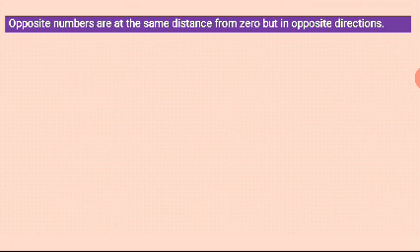So the first girl goes to positive 4 and the second girl goes to negative 4. Their distances from 0 must be the same, or equal. So positive 4 and negative 4 are called opposite numbers. So opposite numbers are at the same distance from 0 but in the opposite direction. Got it?